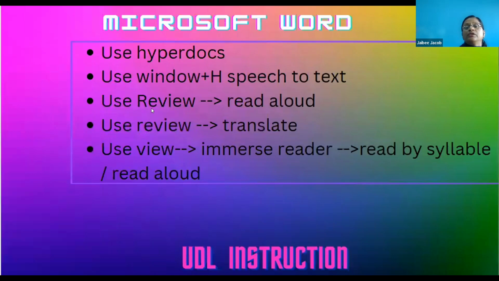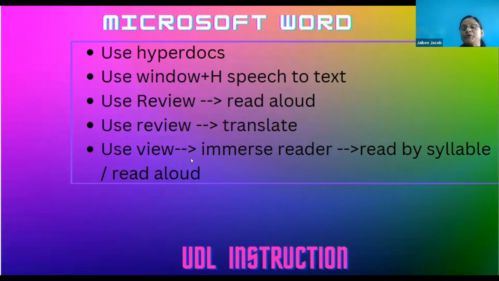You can even use Review, and there is an option called Read Aloud. This will help the child, if he has the text in front of him, the document will read on its own. Then use Review for Translate. This I will tell you, I translated a small English passage to Divehi. I don't know whether my Divehi teacher will approve this.